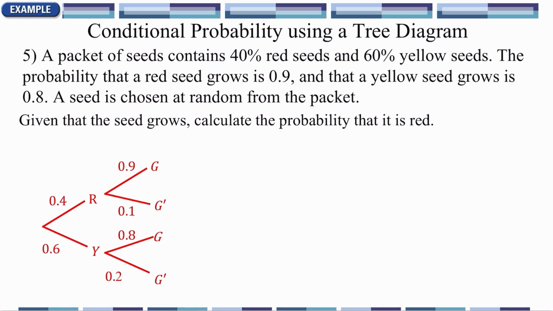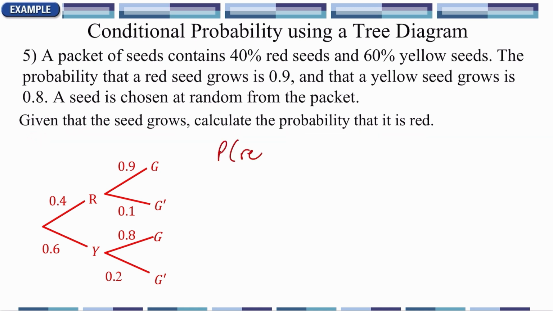Next up, conditional probability using a tree diagram. So this is that same question we just did a minute ago where we have the red seeds and the yellow seeds. Same probability, and in fact, I just copied over the tree diagram from when we did this example earlier. But now we've got the question, given that the seed grows, calculate the probability that it is red. So let's put it all into the formula.